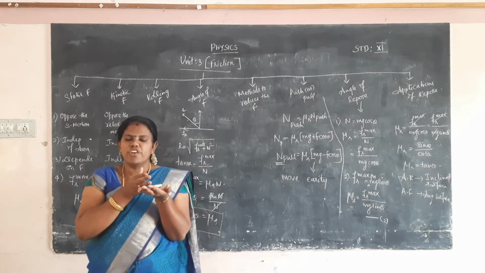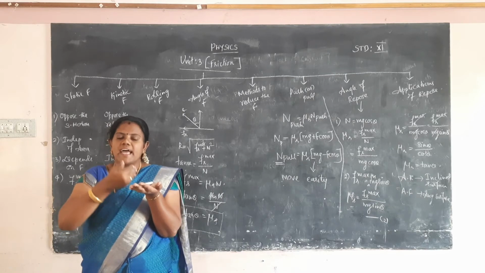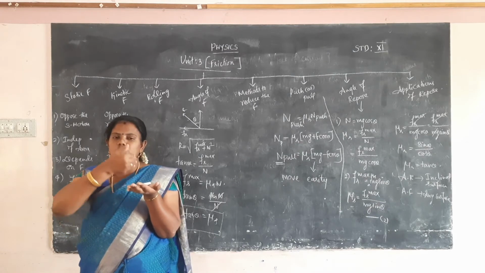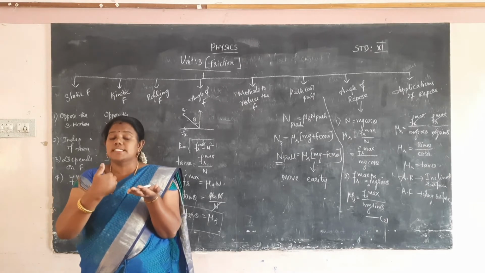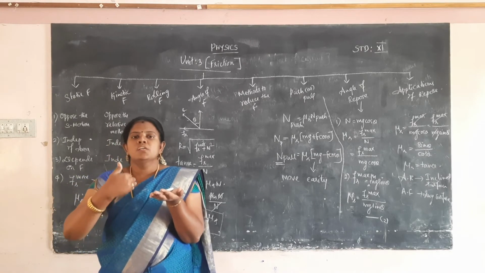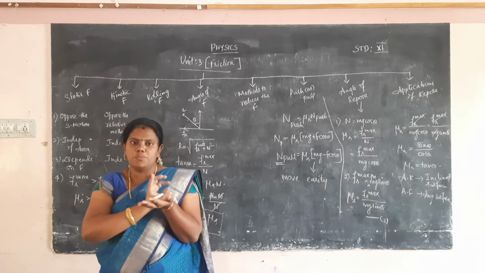The object will move forward, but some frictional force will act between the object and the floor or desk. So some force will oppose the motion of the object.